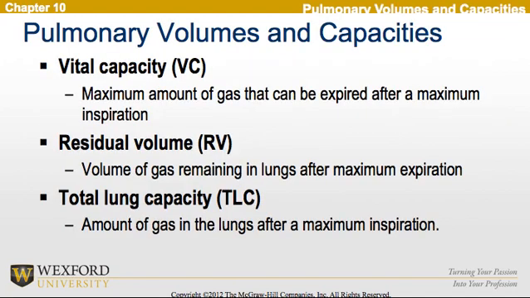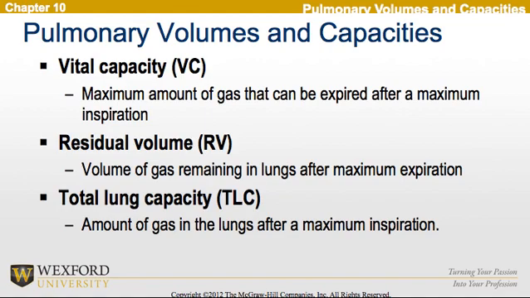Now, if we look at pulmonary volumes and capacities, the first thing we would look at is vital capacity, which is the maximum amount of gas that can be expired after a maximum inspiration. There's also a residual volume, which is the volume of gas remaining in the lungs after maximum expiration.